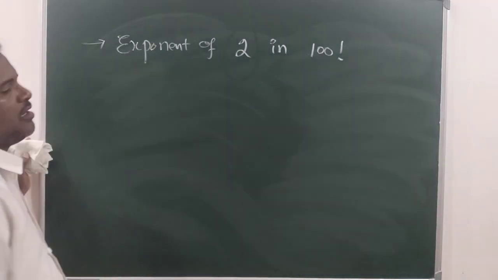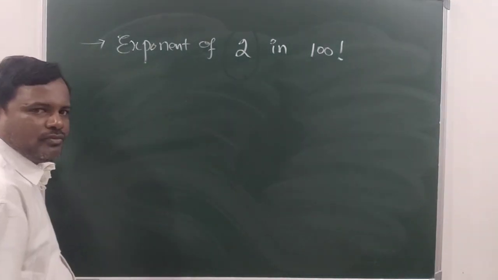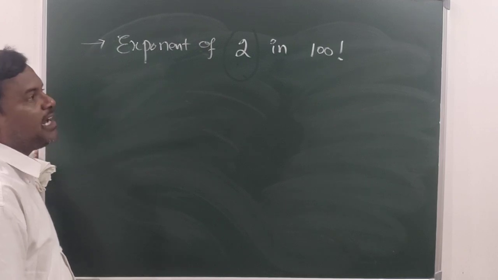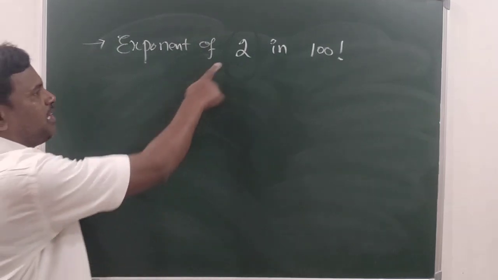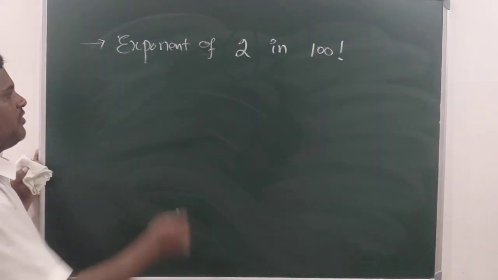See here, you have to apply the greatest integer concept to find the exponent of 2 in 100 factorial.